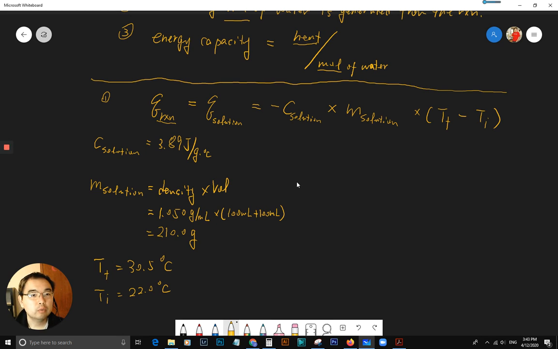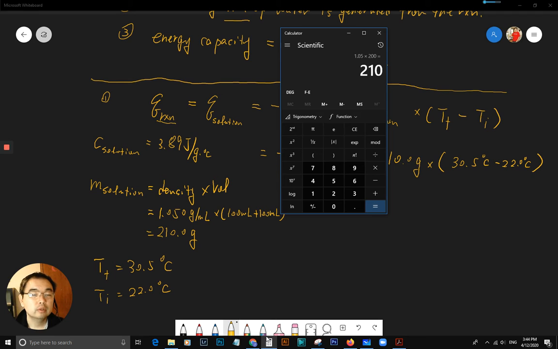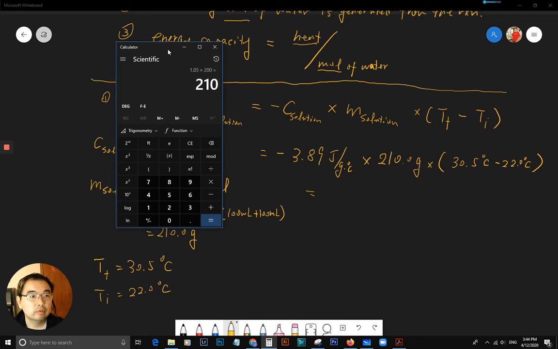Then we put everything into the equation: negative 3.89 joules per gram per Celsius times the mass, 210.0 grams, times the final temperature 30.5 Celsius minus 22.0 Celsius. Let's put everything into the calculator and figure it out.